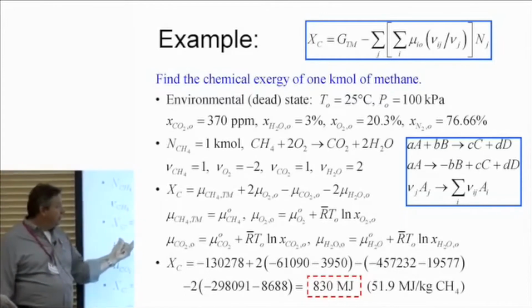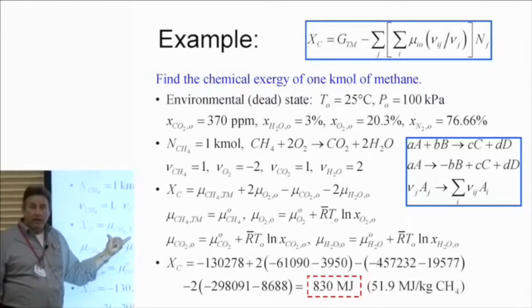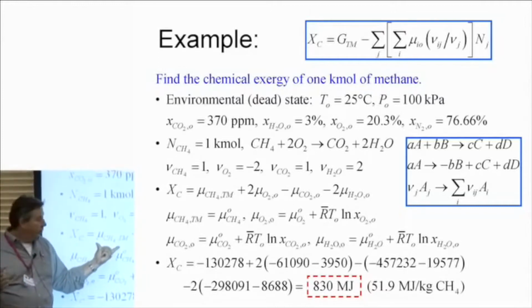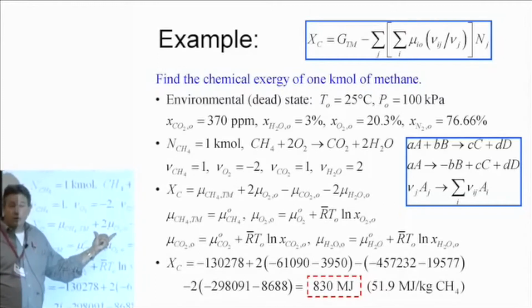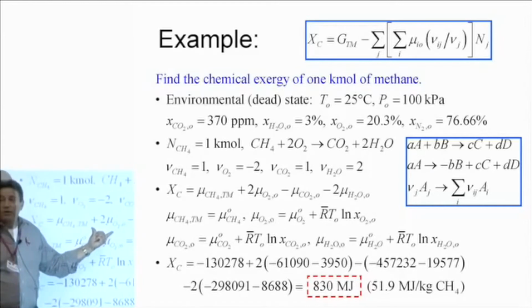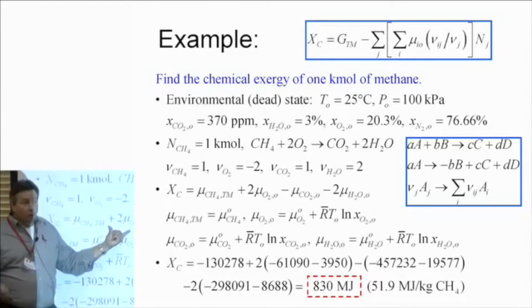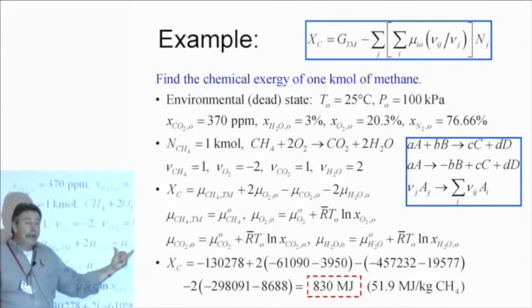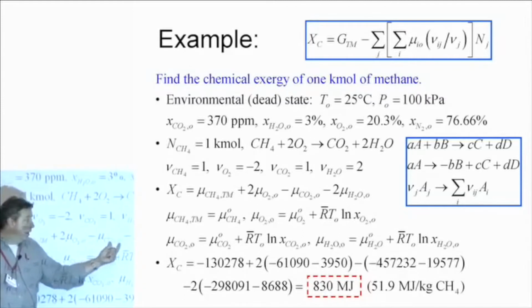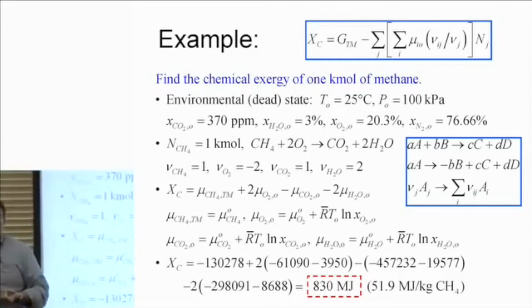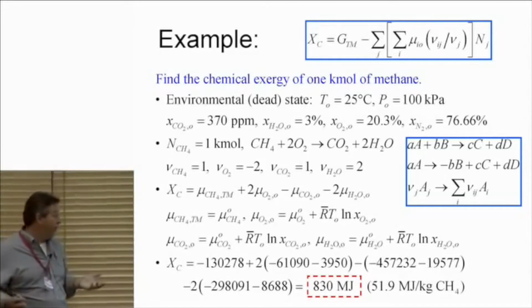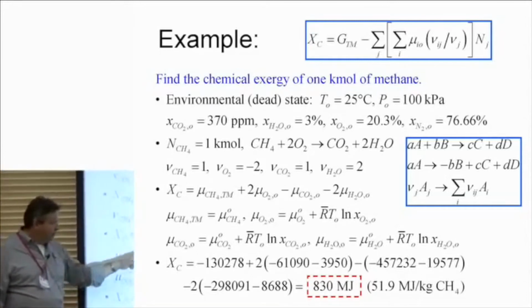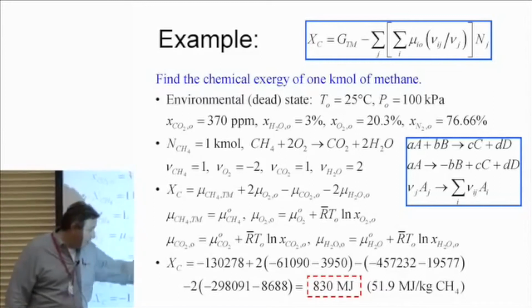My chemical exergy is the chemical potential of methane at the thermomechanical state, pure methane, plus 2 times the chemical potential of oxygen from the environment. This is grabbing a resource from the environment to do this process. But I have to leave behind the CO2, and I have to leave behind the H2O. That's all there is to it. The rest of this is pure, dilute, pure, dilute.